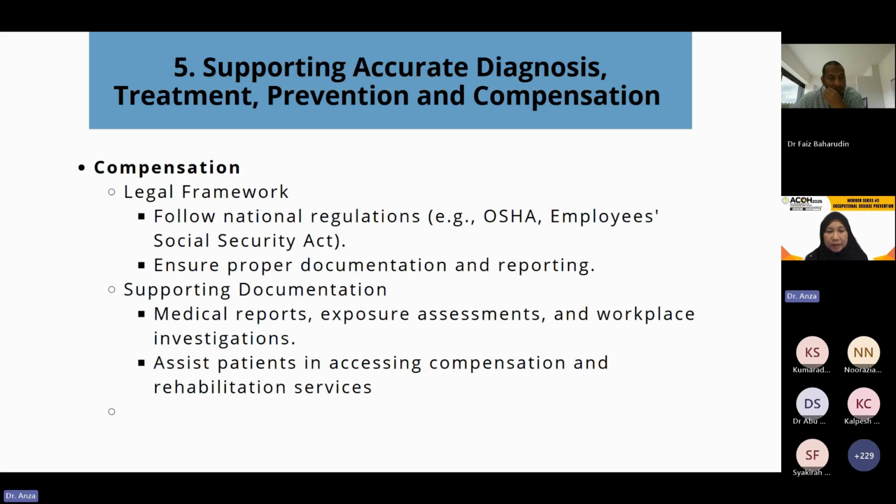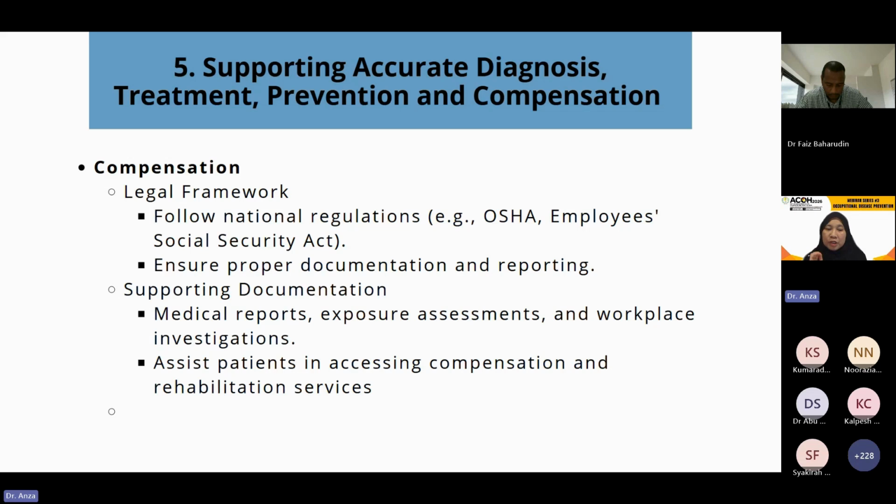Okay. So for the next one will be compensation. It depends on the legal framework for your country. For Malaysians, we have the Employee Social Security Act, but we need to provide a good service to the worker in providing medical reports.